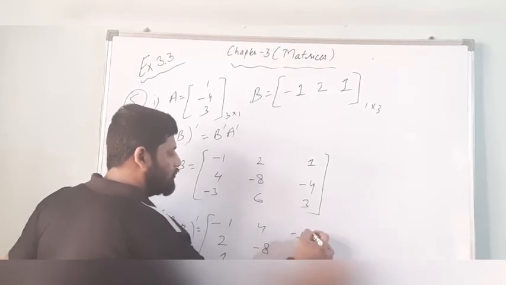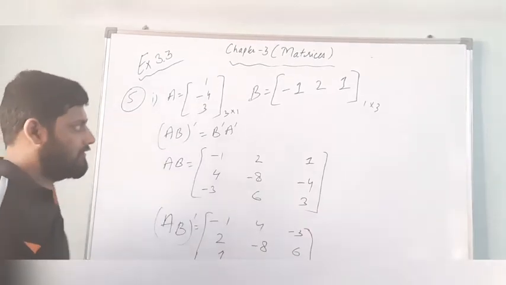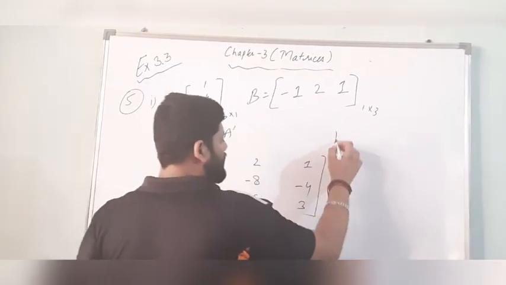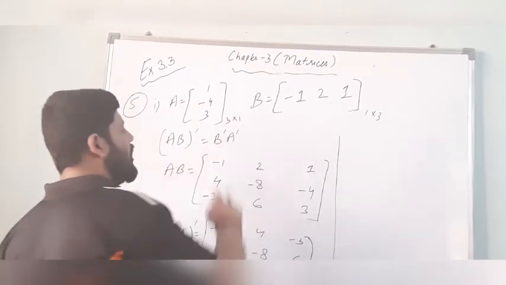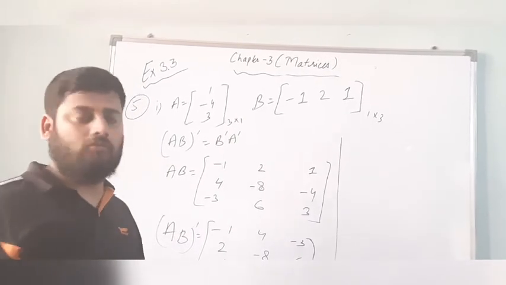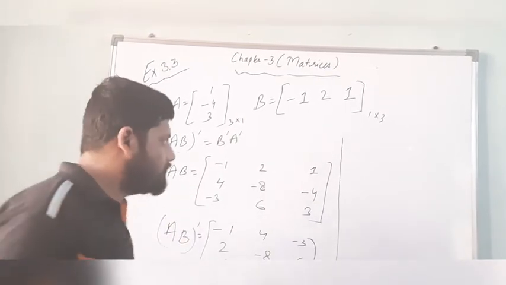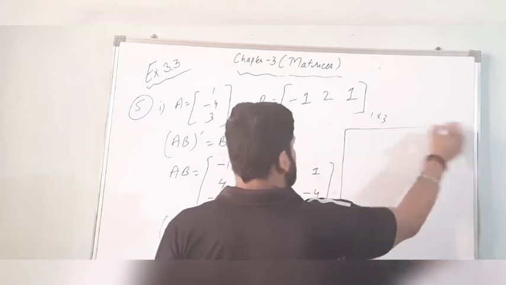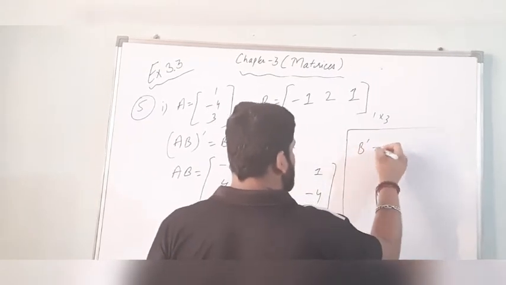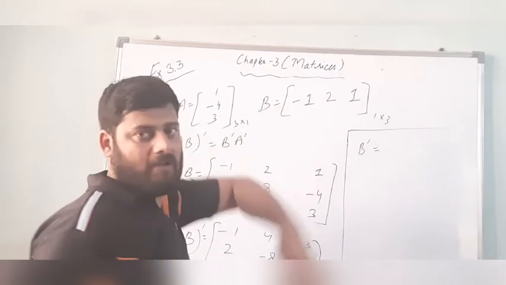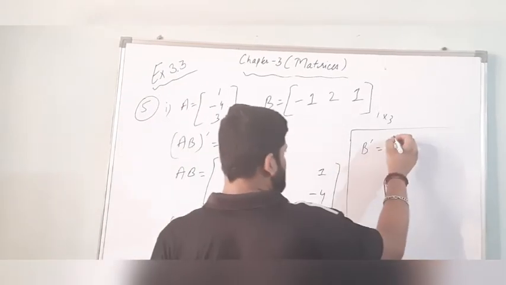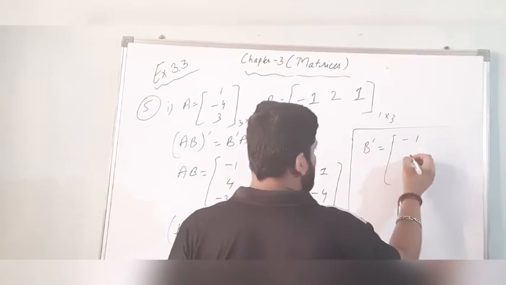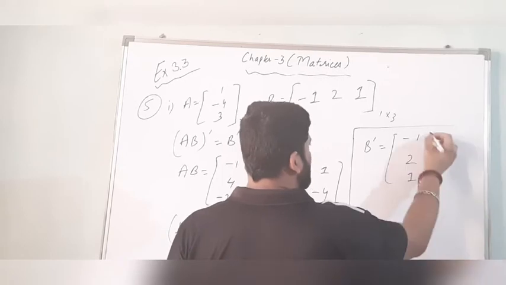So this is the transpose of AB matrix. Now we will find out what? My product of B transpose and A transpose. So before that, we have to find out B transpose and A transpose. So B transpose, what is B transpose? The row will become the column. It will become -1, 2 and 1.